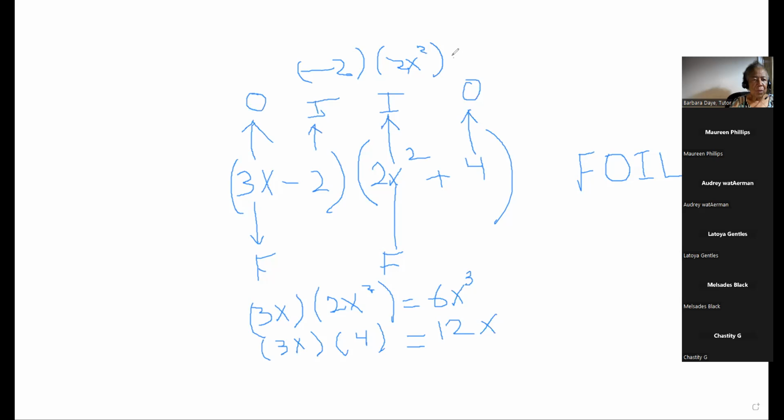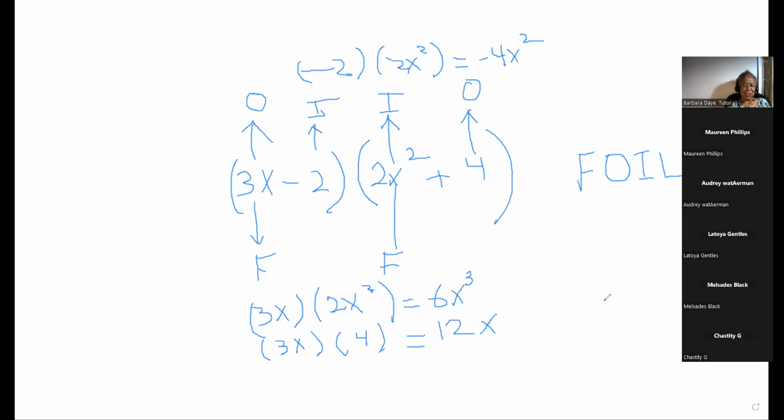I said minus 2, what is that? Minus 2 times 2 is what? 4. Plus or minus? A minus. Okay, minus 4. And your variable? X to the power 2. There we go. So we've taken care of FOI.